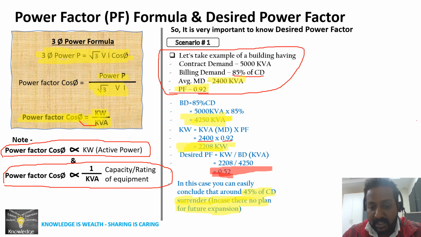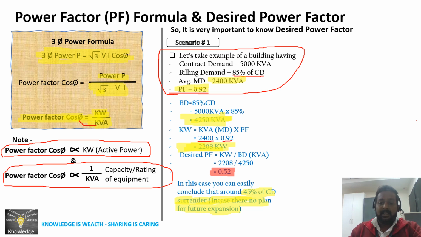You can easily plan to surrender around 45% of your contract demand, since the power factor is coming to only 0.52. So 45% of contract demand we can plan to surrender. This plant with these parameters is operating poorly.